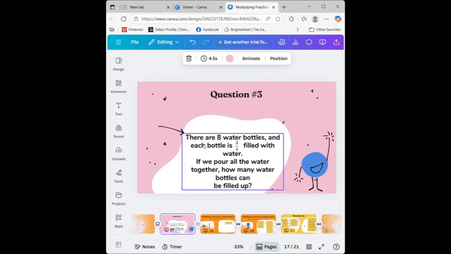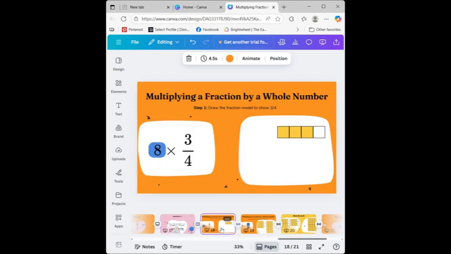Question 3. There are 8 water bottles, and each bottle is 3/4 filled with water. If we pour all the water together, how many water bottles can be filled up? So we have to remember our first step is to draw 3/4.